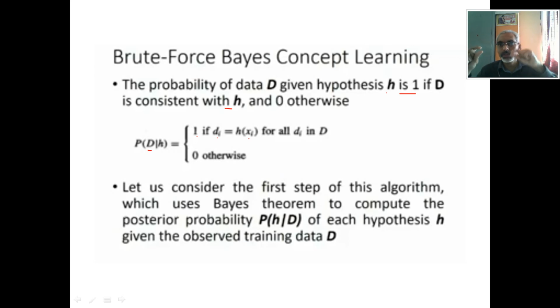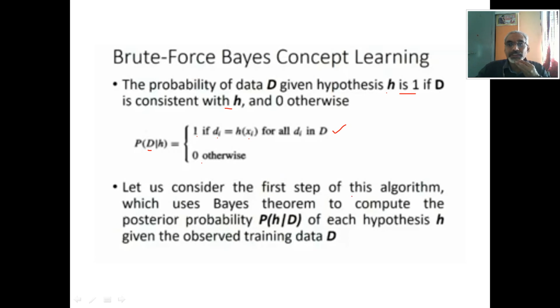Okay, next student, what is the result? If it is below 80%, put him down. You just keep on classifying. Once you have classified into two groups, then you find how much is there, that probability. If it is greater than 80% of our entire class, then you mark it as 1, otherwise you mark it as 0. So we say that it is 1 if Di is equal to H of Xi for all Di in D and 0 otherwise, right? So this is now very clear for us.